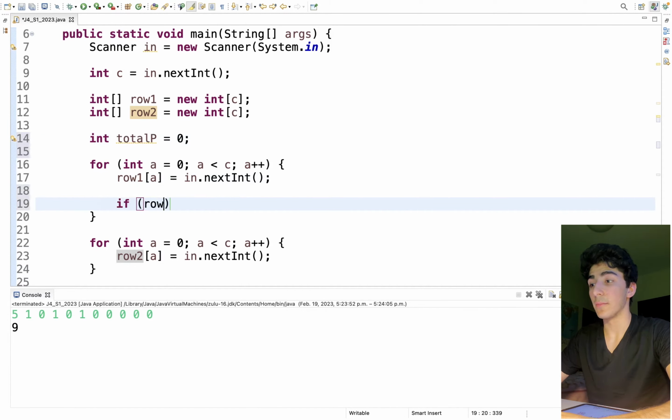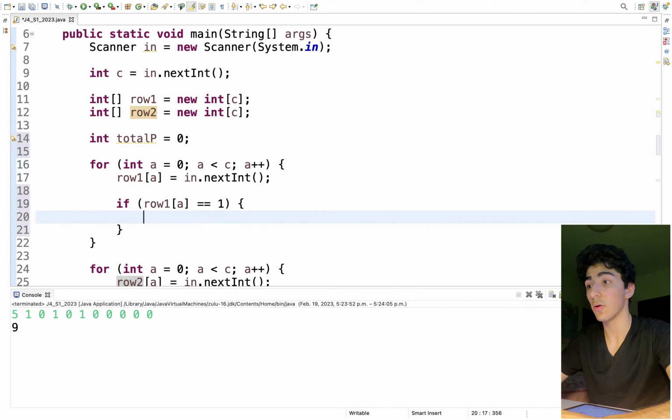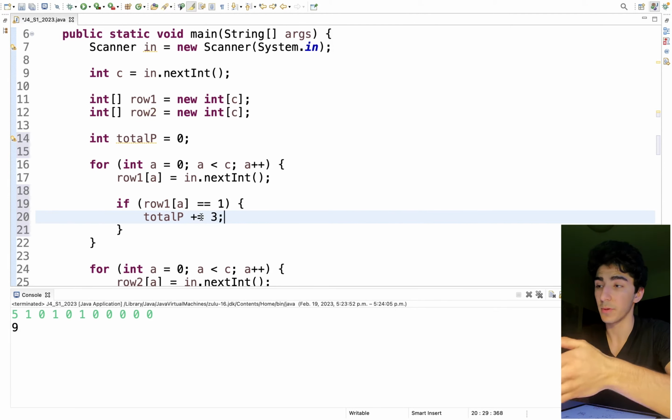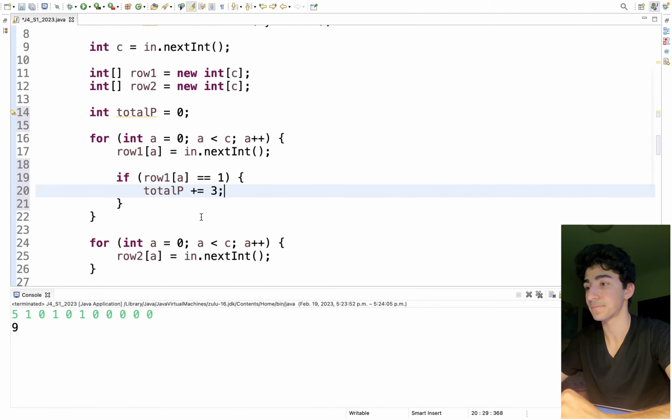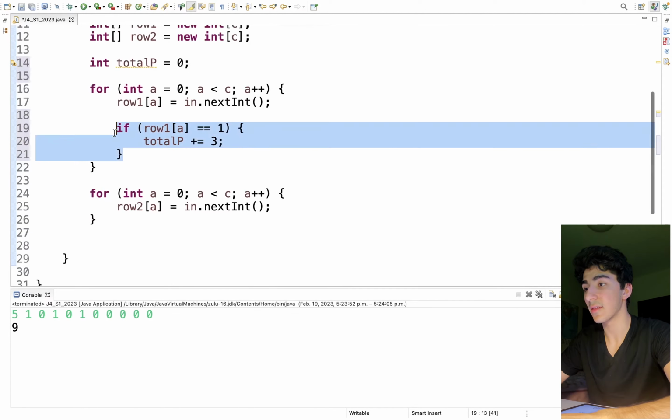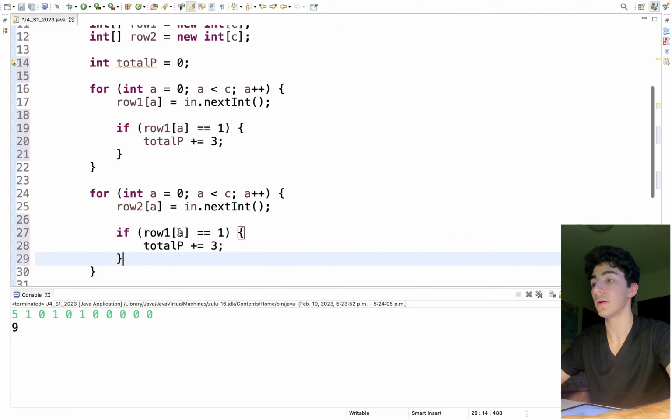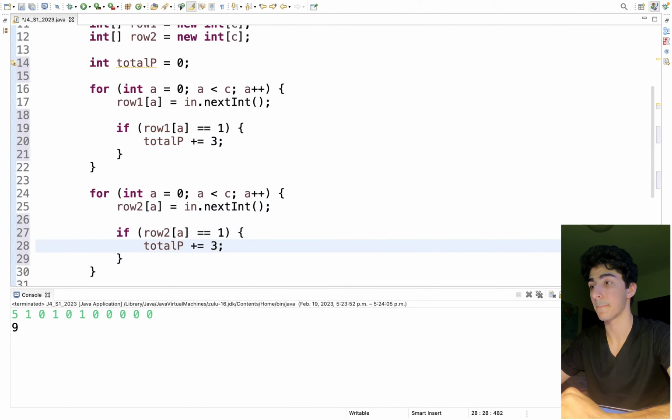Every single time that a value we receive is equal to 1, then that means it's a wet triangle, and so we want to add 3 to totalP. By the way, if you haven't seen this notation before, that's plus equals, which means totalP equals totalP plus 3. And the exact same holds true for row2 this time.